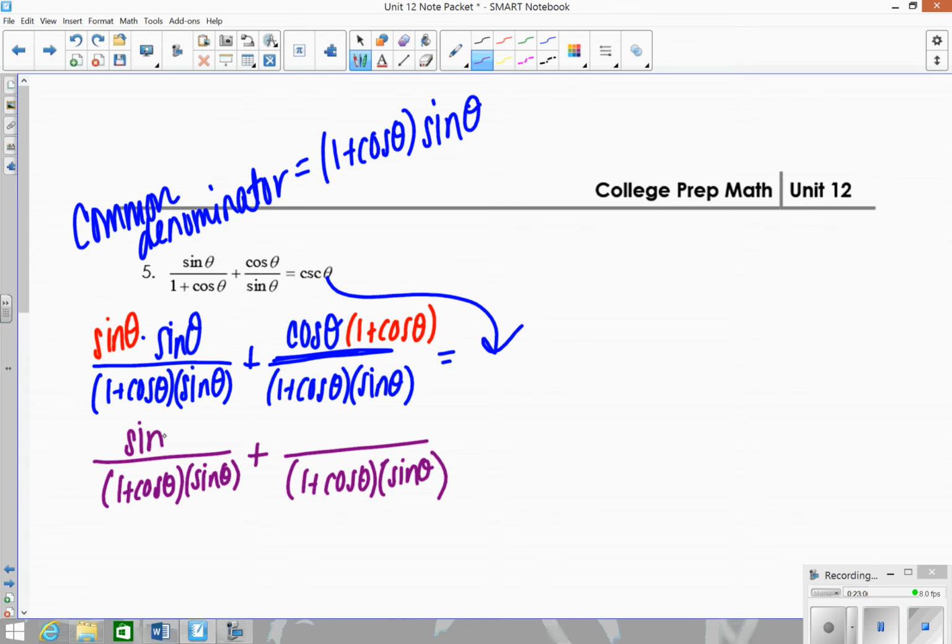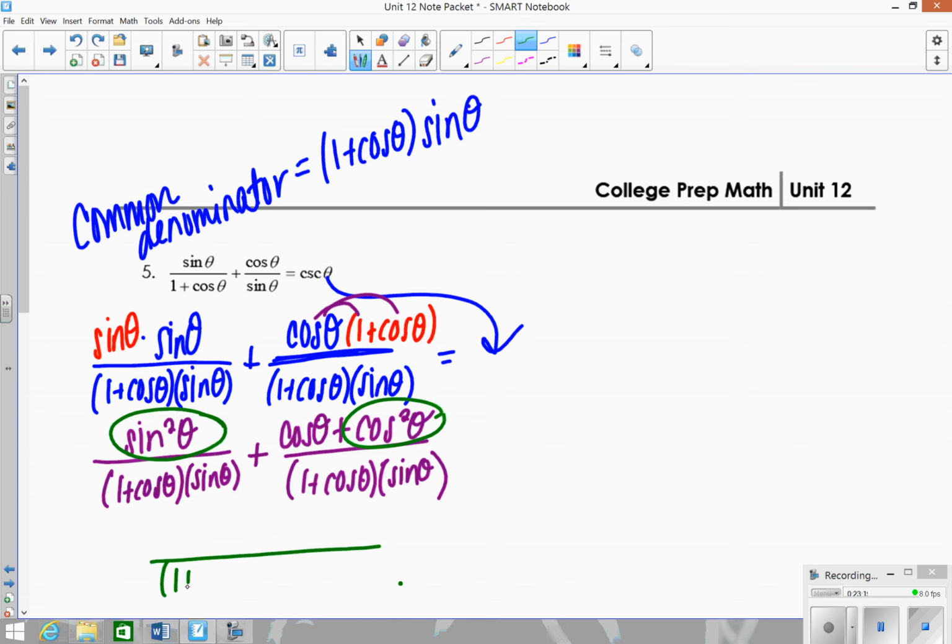You get sine squared theta. And then over here, if you distribute this, you get cosine theta plus cosine squared theta. And hopefully you're seeing this as I have a sine squared and I have a cosine squared. So if I rewrite this as one big fraction, meaning adding the fractions, remember the rule for adding the fractions, you keep the denominator and you add the top.